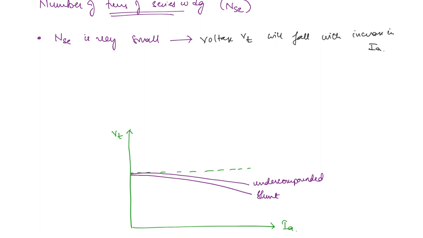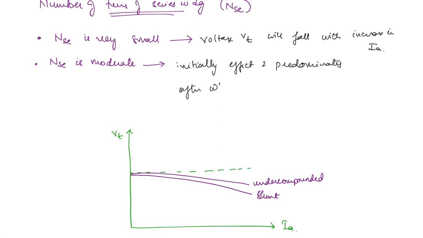Now the next case is when the number of field turns is moderate. That means basically the number of turns at which the second effect is predominating. Okay. So in this case, what is going to happen? Initially, effect 2 is going to predominate, and after that, effect 1 will start predominating.